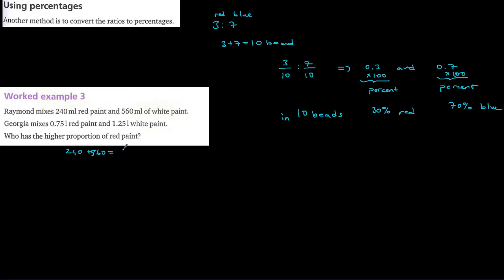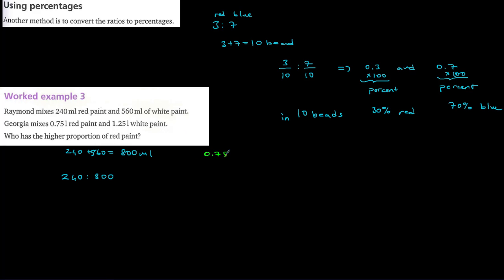That's equal to 800 milliliters. So the ratio is 240 to 800, this is the first ratio.